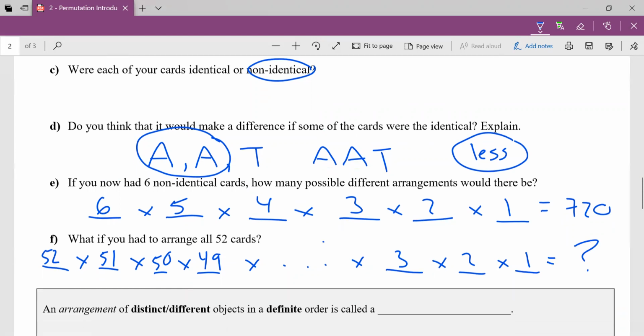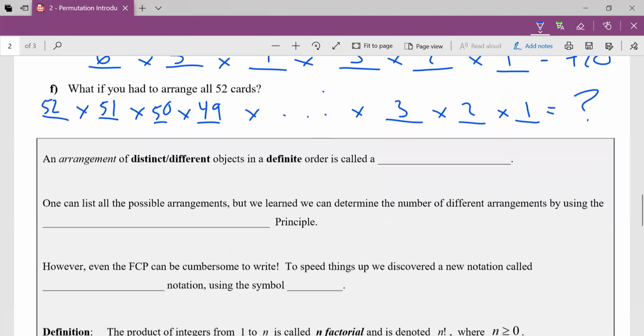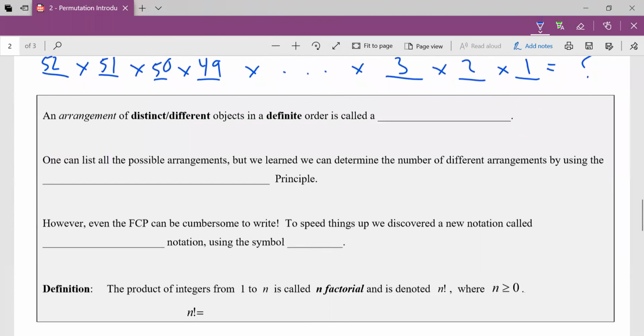And here it is. We're going to use something known as factorial notation to help us write these long questions like this. So an arrangement of distinct different objects in a definite order is called a permutation.